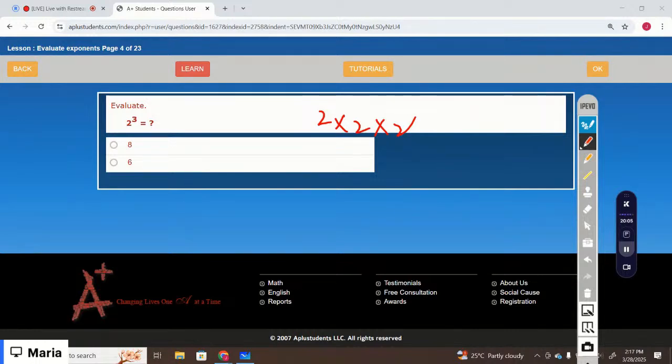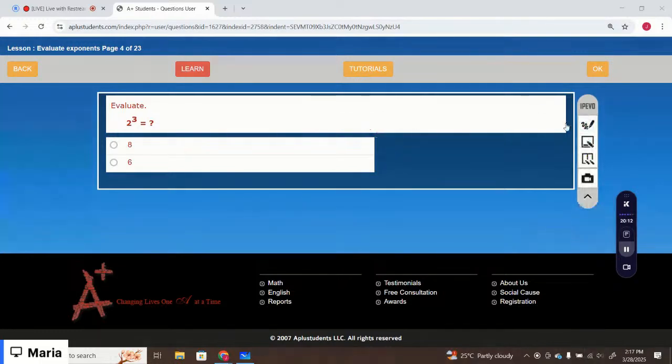Two times 2 is 4 and 4 times 2 is 8. 2 cubed equals 8. Option number 1 is the correct option. That is 8.